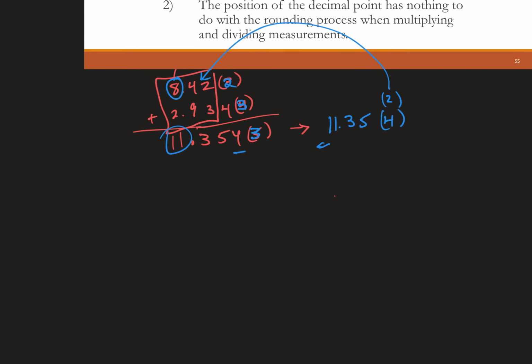If I had 8.420 and then 2.934, adding those together, you would get 11.354. And then you would go from 4 sig figs and 4 sig figs to 5 sig figs, and it would look bad.